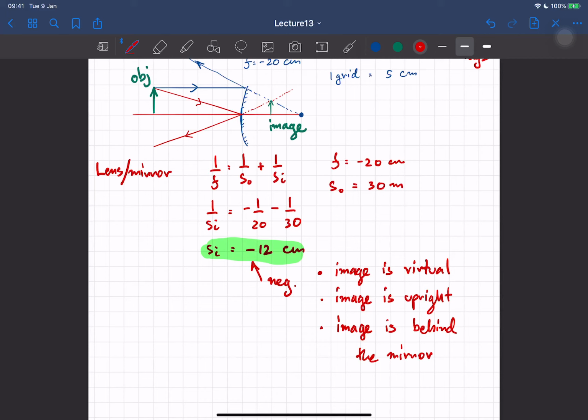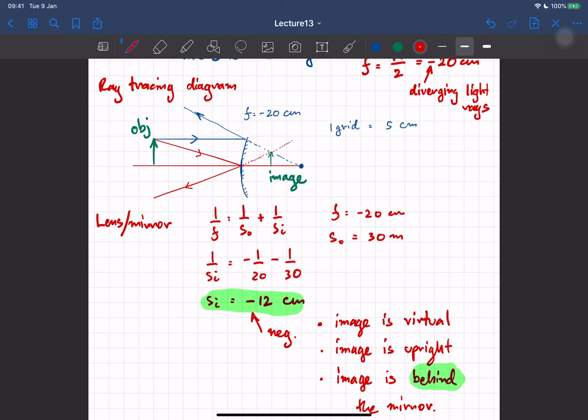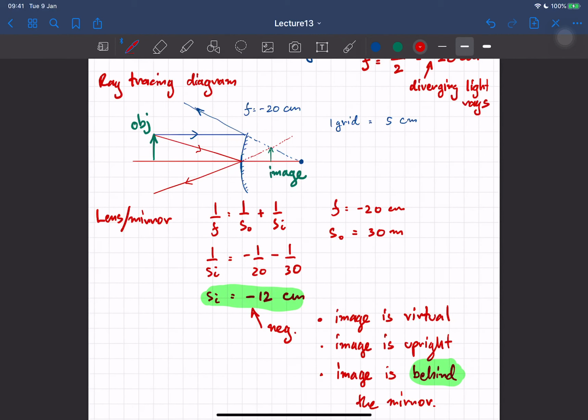That's the only difference. And behind the mirror is equivalent to having the image on the same side as the object, if you talk about the lens, right? So if you think about it, it actually makes a lot of sense that the image is behind the mirror, because everything is flipped compared to the lens.